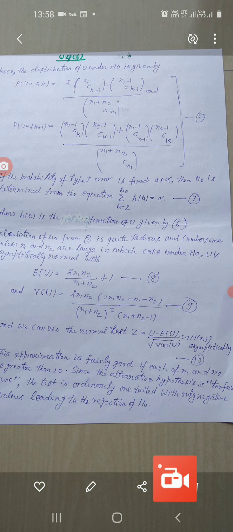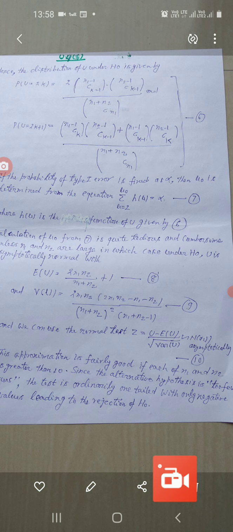Similarly, variance of u is equal to 2 n1 n2 (2 n1 n2 minus n1 minus n2) upon (n1 plus n2) square into (n1 plus n2 minus 1), and let it be equation number 9.